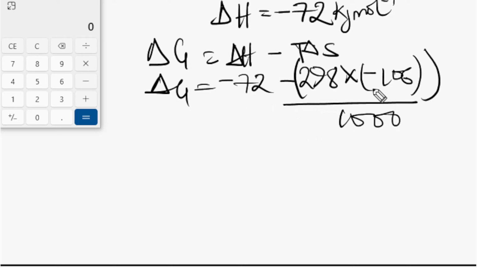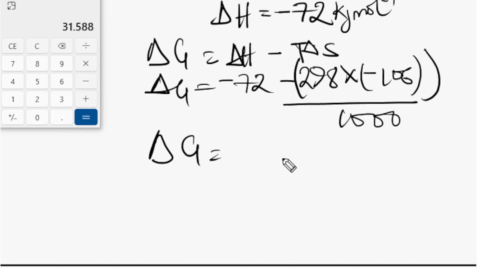So with 298 times 106, when you divide by 1000, you're going to have 31.59.